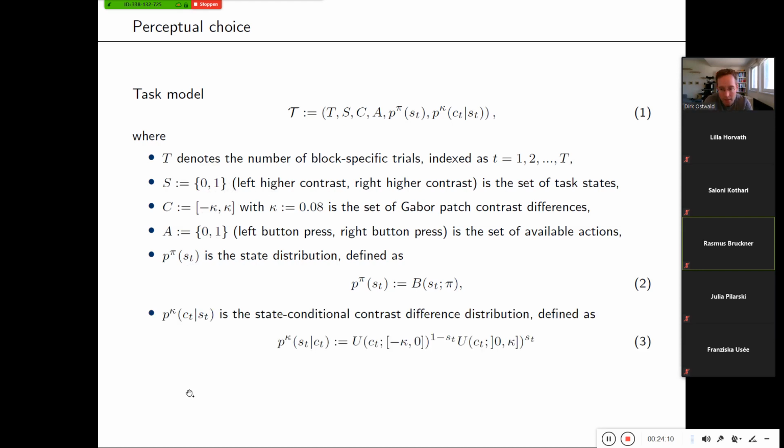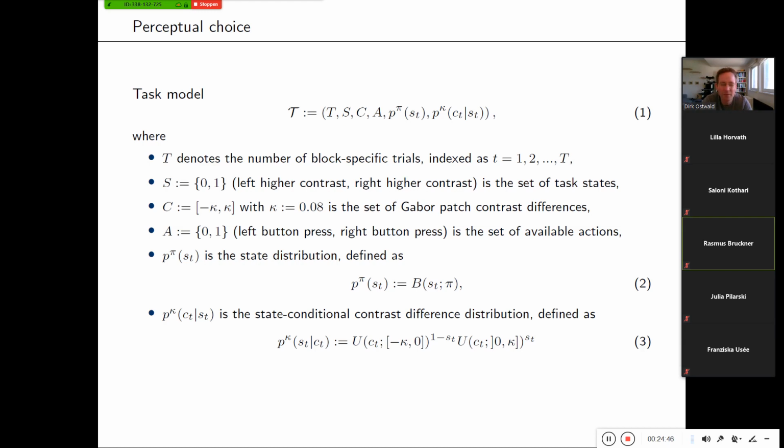The next thing is the probability distribution in the task that determines which actual contrast value is presented, because, as I said when I presented the task, given a state, for example that the contrast is high on the left, there could be a number of contrast values, from strong to weak higher contrast on the left, and these are uniformly distributed.